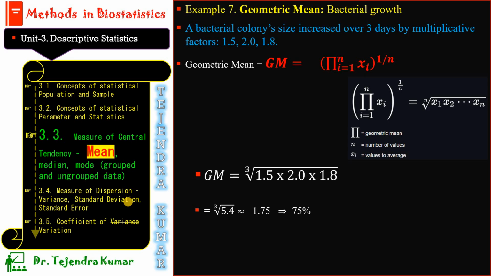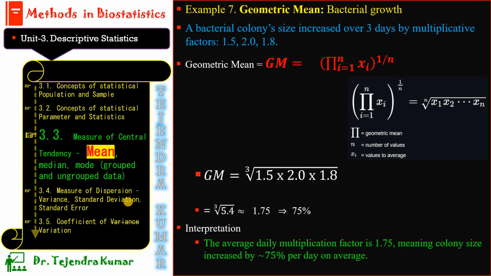In this also we will do 1.75 minus 1 multiply with 100 and we will get the 75%. So interpretation is the average daily multiplication factor is 1.75, meaning colony size increased by about 75% per day on average.